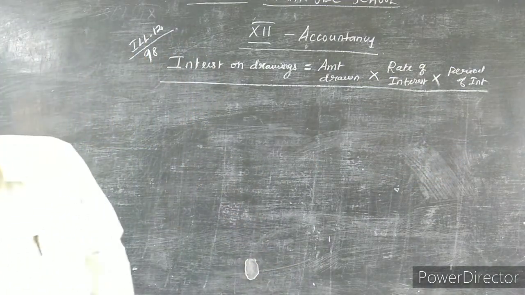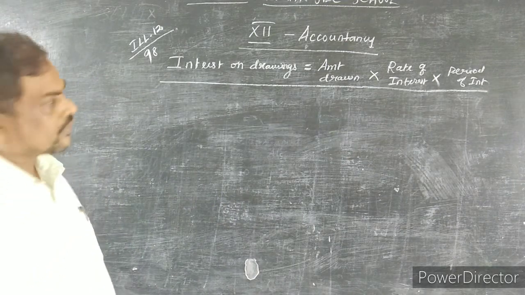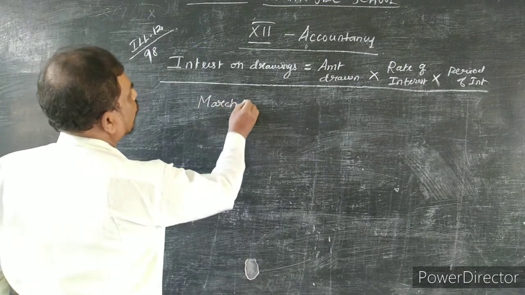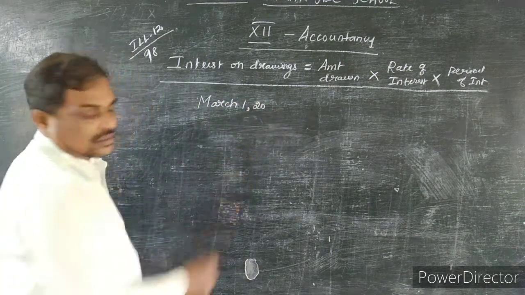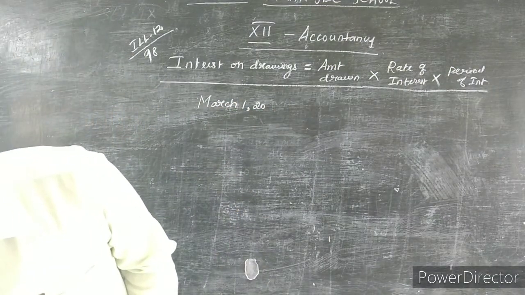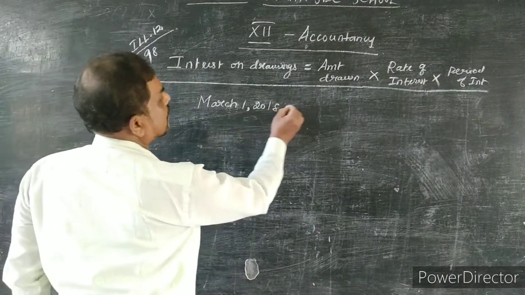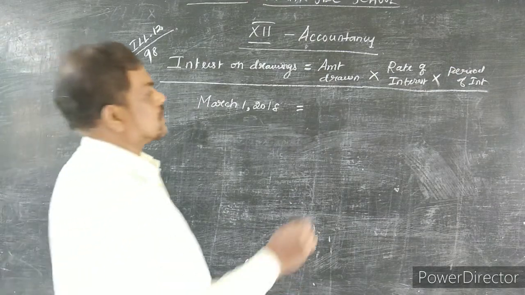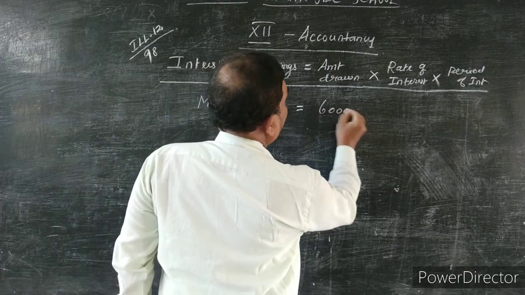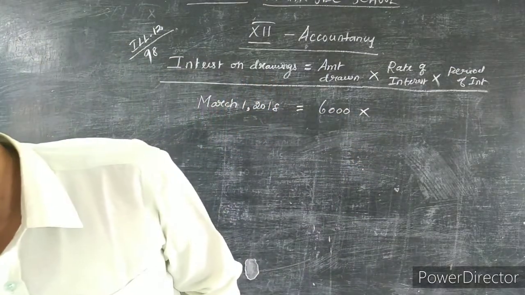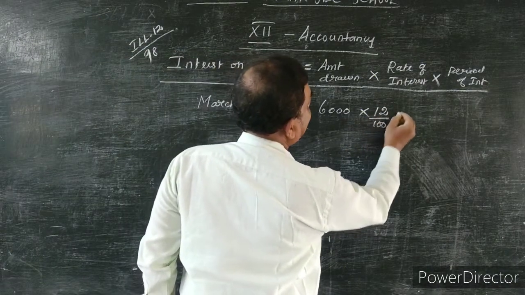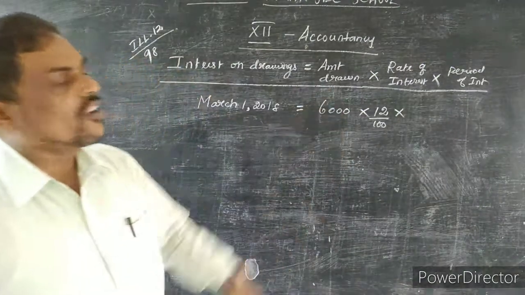So first time he took on March 1, 2018. He took an amount of 6,000. The rate of interest given is 12%, so 12 divided by 100 into the period of interest.